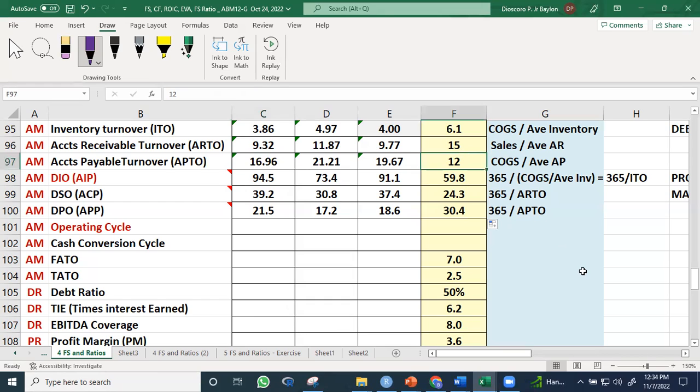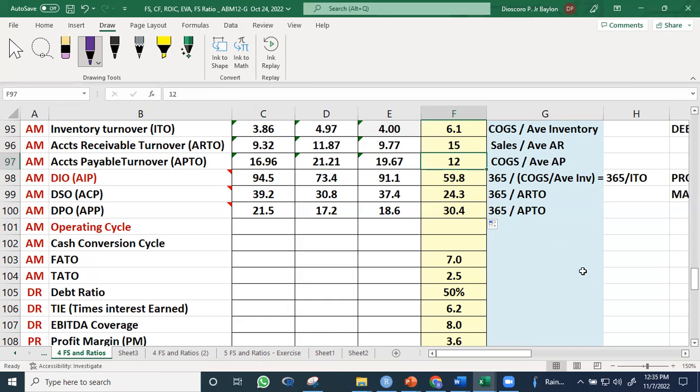Okay, sabi natin sa APTO, the lower the better. Unlike DPO. Bakit the lower the better? Kasi mas konti yung beses na nagbabayad tayo sa isang taon. Tayo, yung company natin, 17 times, si direct competitor 12 times.